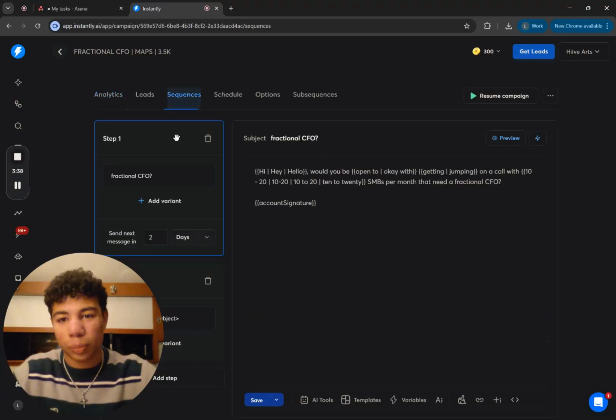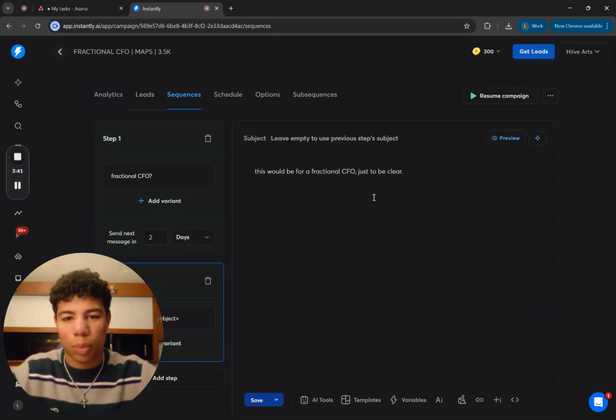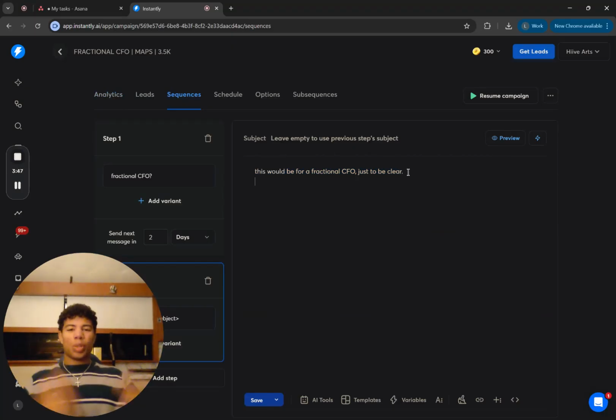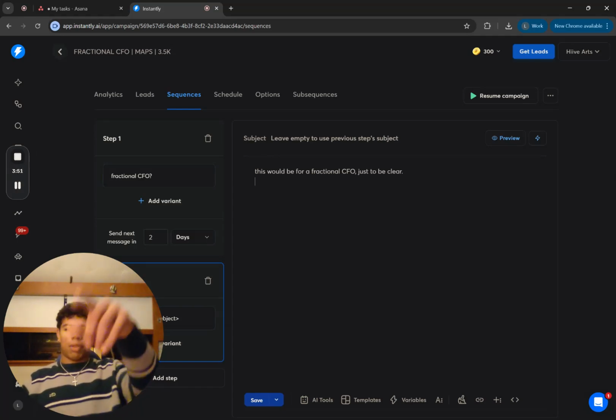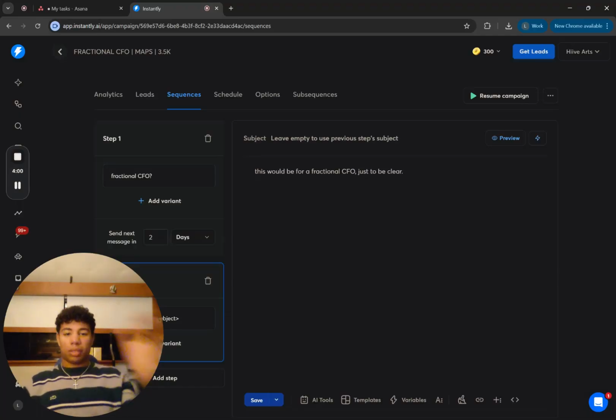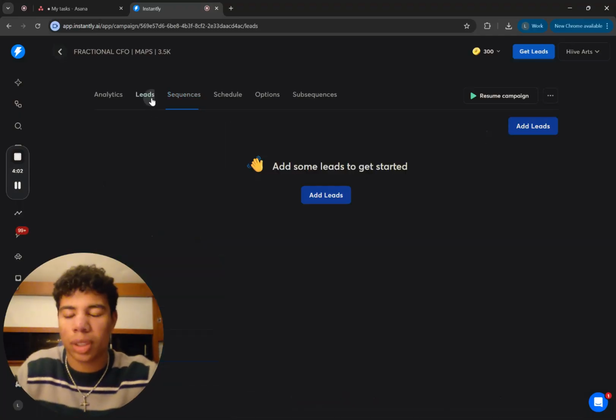The follow-up was just doubling down on the relevancy. "This would be a fractional CFO, just to be clear." That's how I usually do my follow-up. After 2 days, the subject line is just "Re:" whatever the first thing was, "Re: fractional CFO." "This would be a fractional CFO, just to be clear." That builds a lot of interest into the first message, and it's a very relevant type of thing someone would say.